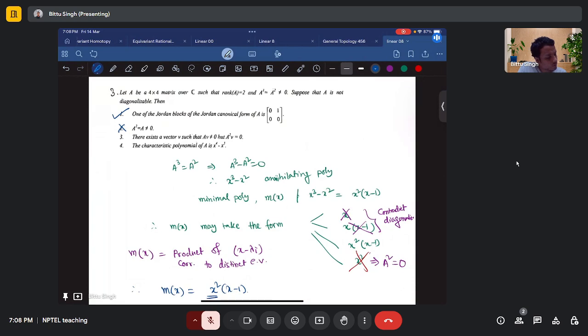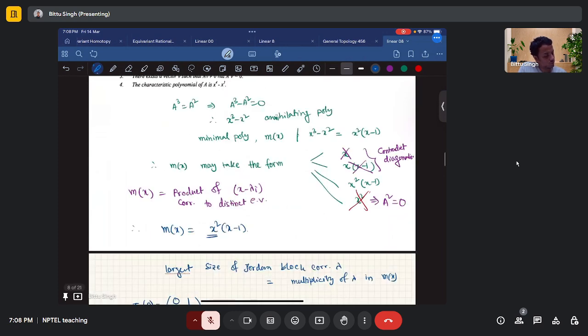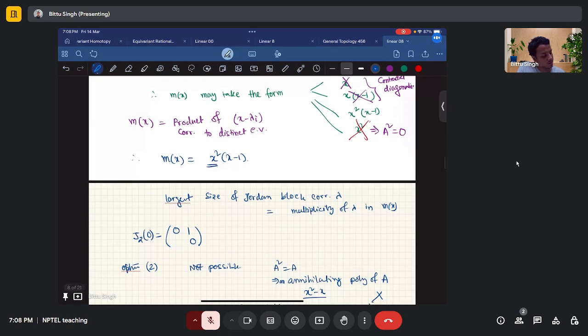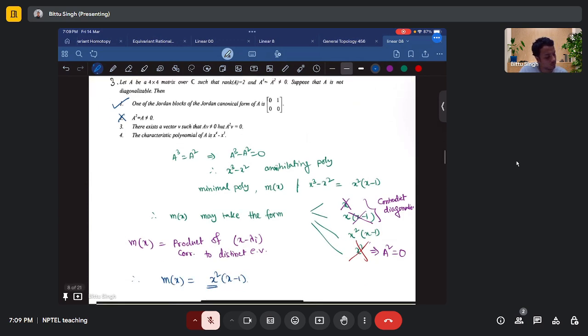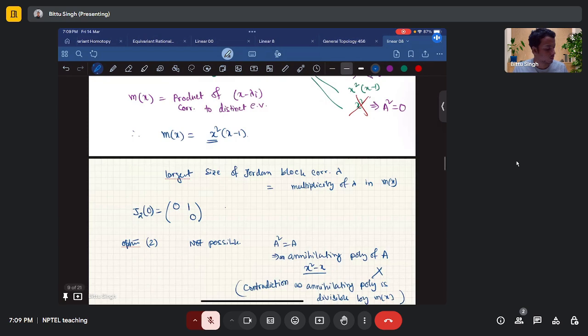There exists a vector v for which Av is non-zero but A squared v equals 0. Since the block 0 1 0 0 appears, it should be clear that there will be some vector for which this is true.